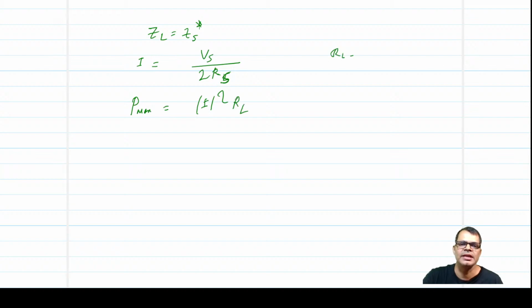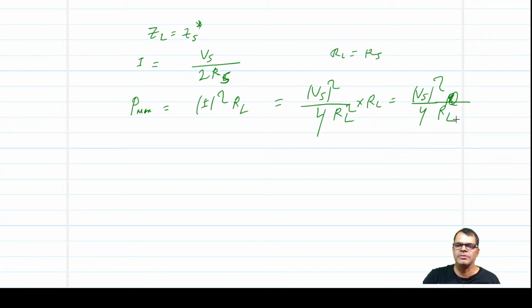In this case RL is also equal to RS, so Vs magnitude square upon 4 RL square into RL, because RS equal to RL. So Vs square upon 4 RL. This is the maximum power delivered to the load.